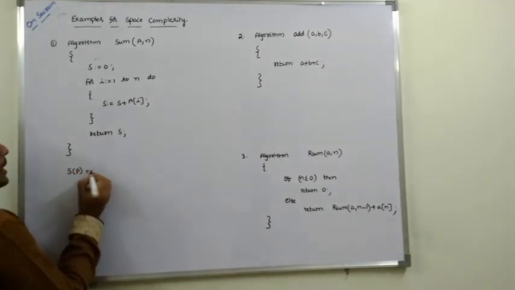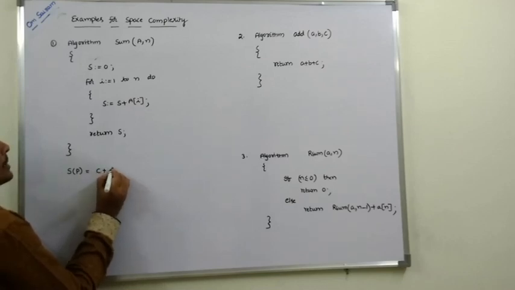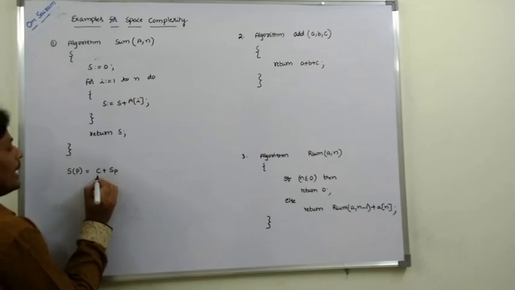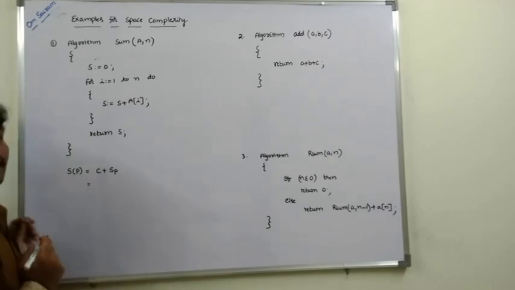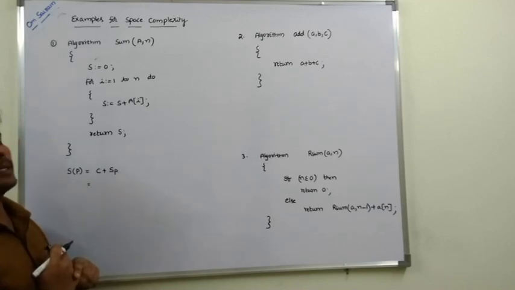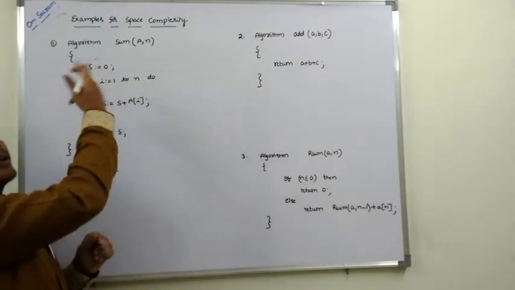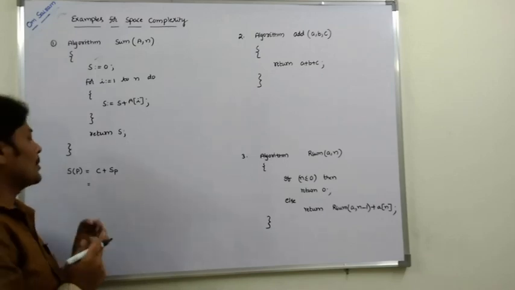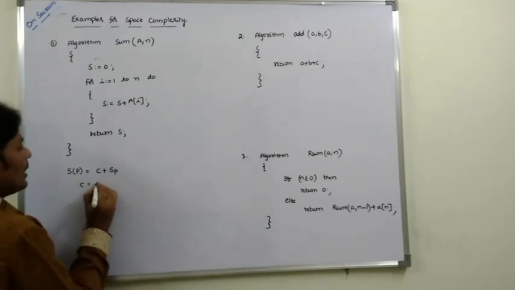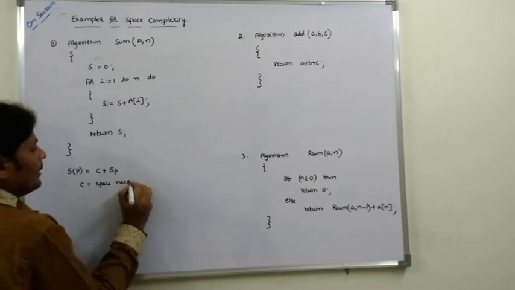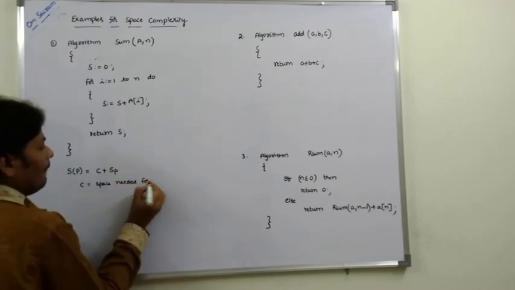S of P is equal to C plus S suffix P. Here C is nothing but space needed for variables and space needed for constants. Here there are no constants, so C is equal to space needed for variables.